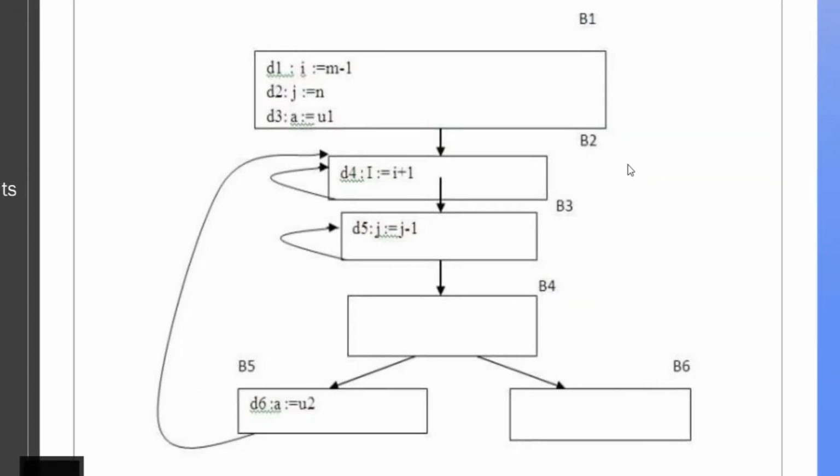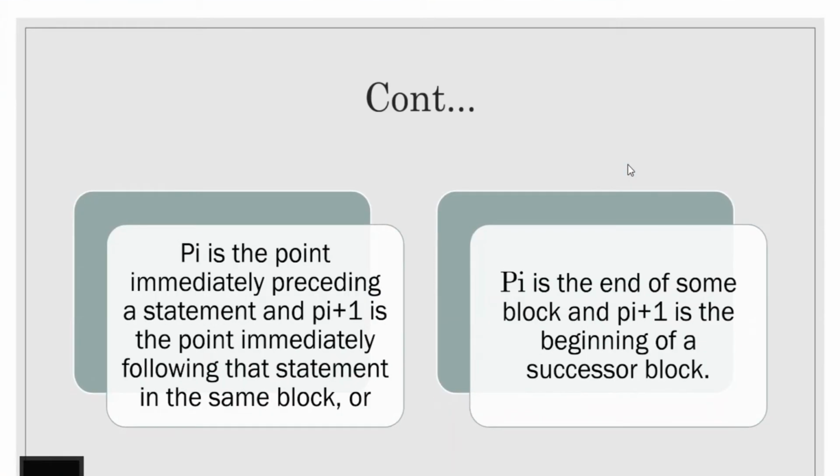So what is Pi? Pi is the point immediately preceding a statement, and Pi plus 1 is the point immediately following that statement in the same block.